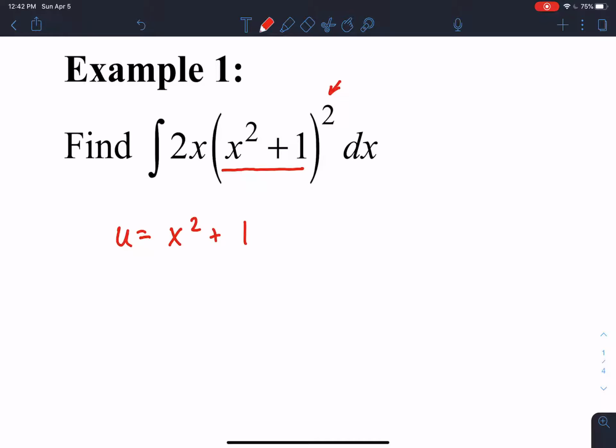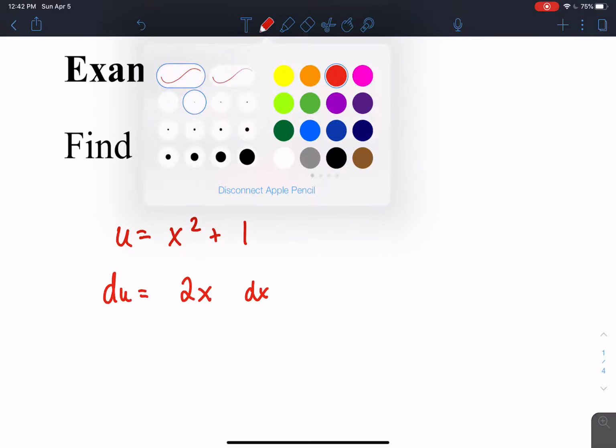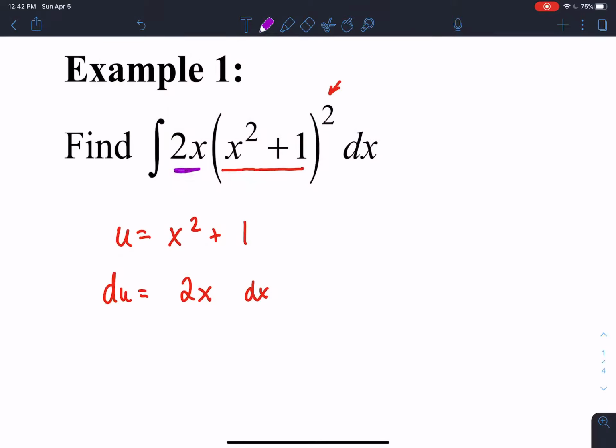Now again, if you do this correctly, when you take the derivative, the derivative of u is du, and the derivative of x squared plus 1 we're going to say is 2x dx. If you do this correctly, du should be somewhere in your original problem. So du is 2x dx.